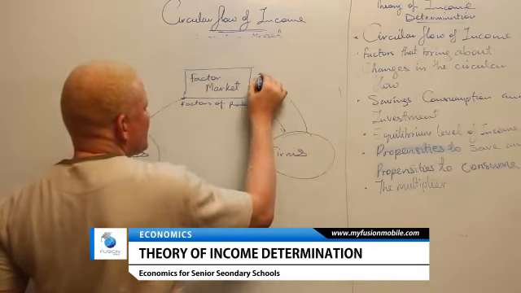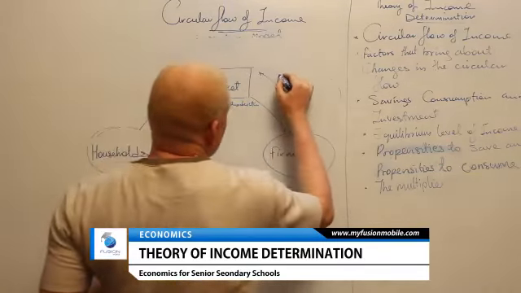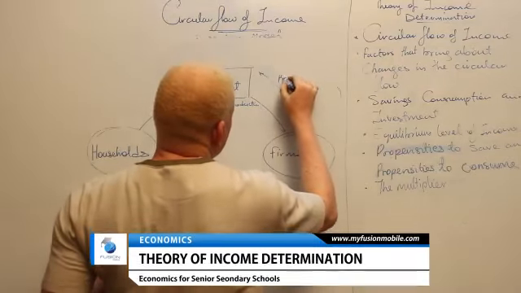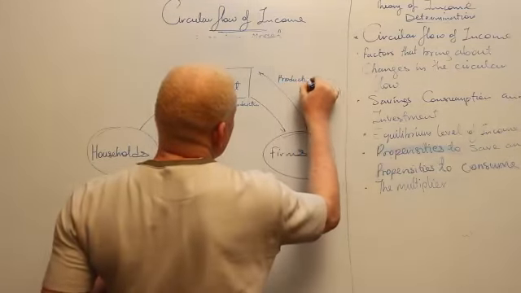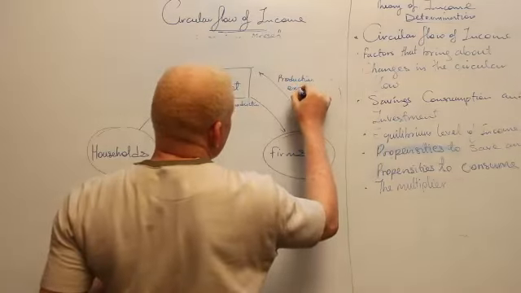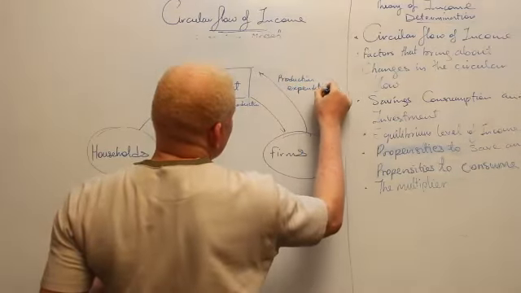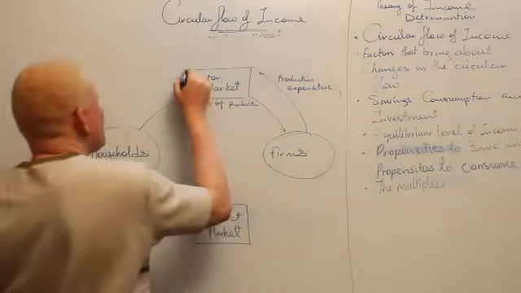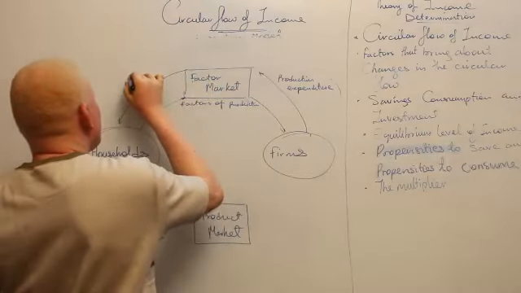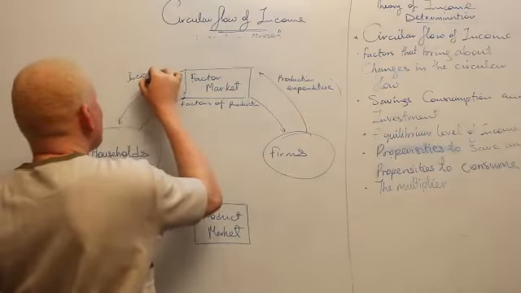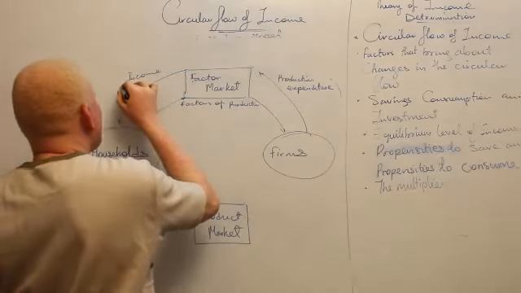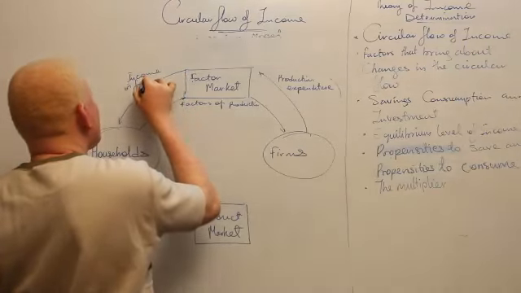Then here is production expenditure, and here becomes income on factors.